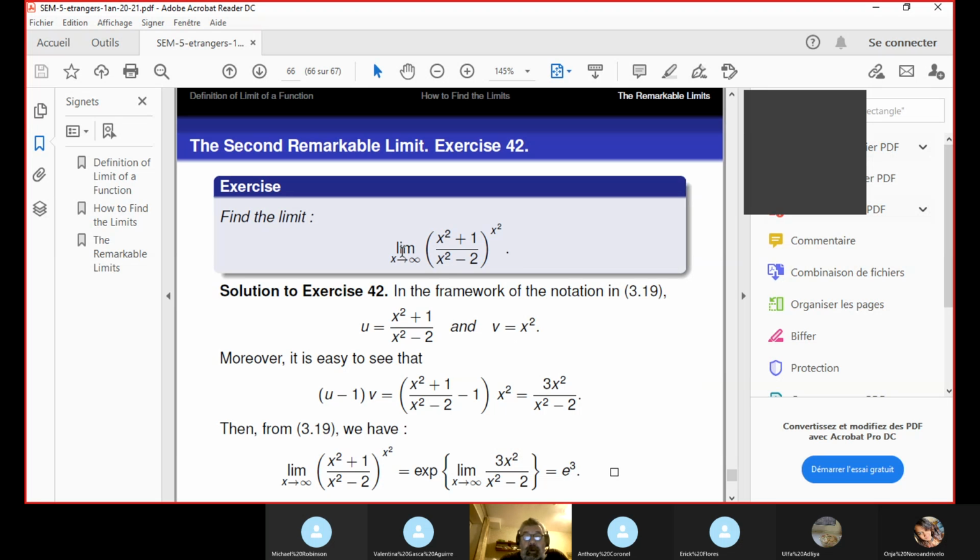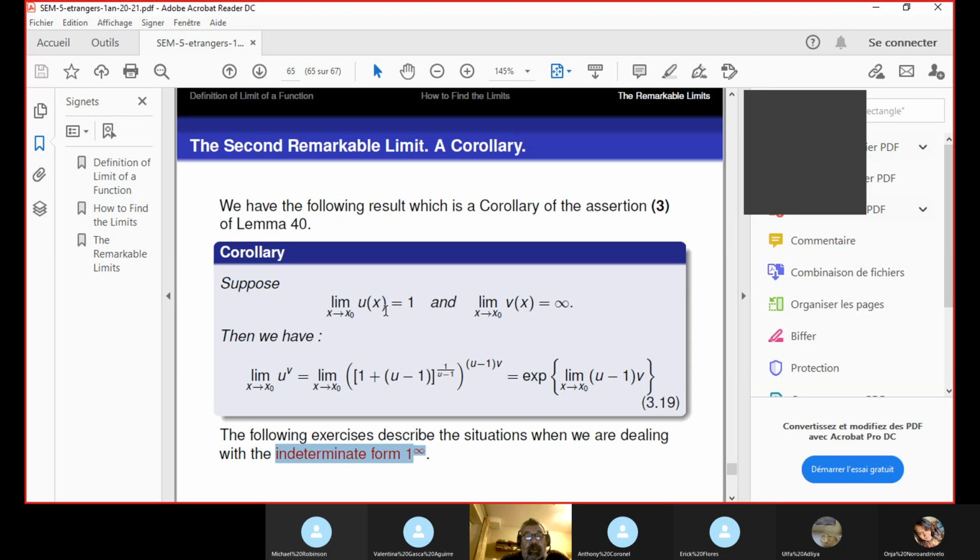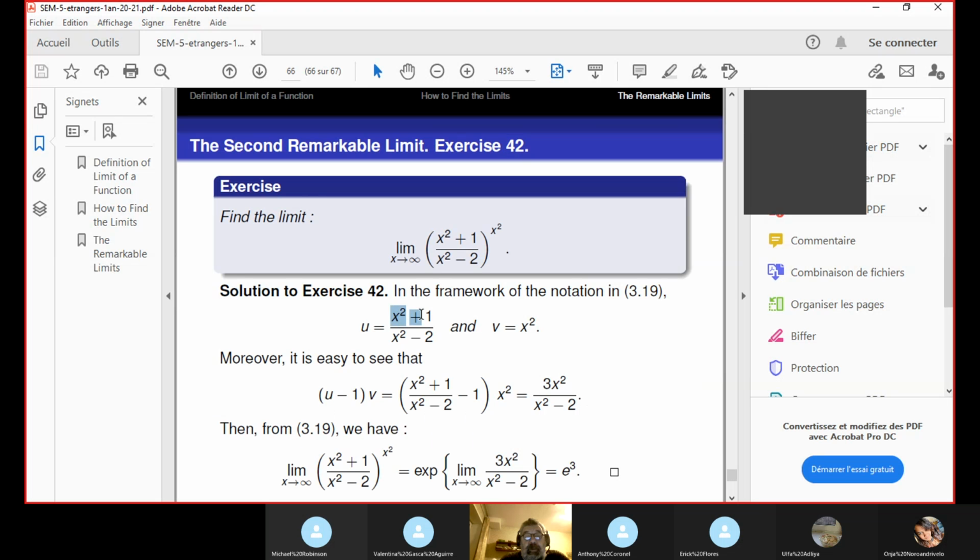For example, I want to find the limit as x goes to infinity of (x squared plus 1 over x squared minus 2) to the power x squared. In the framework of this corollary, my function u of x is (x squared plus 1) over (x squared minus 2), and my function v is exactly x squared.